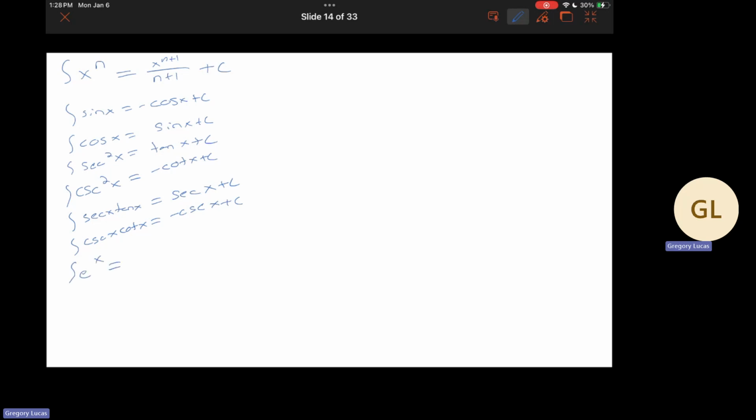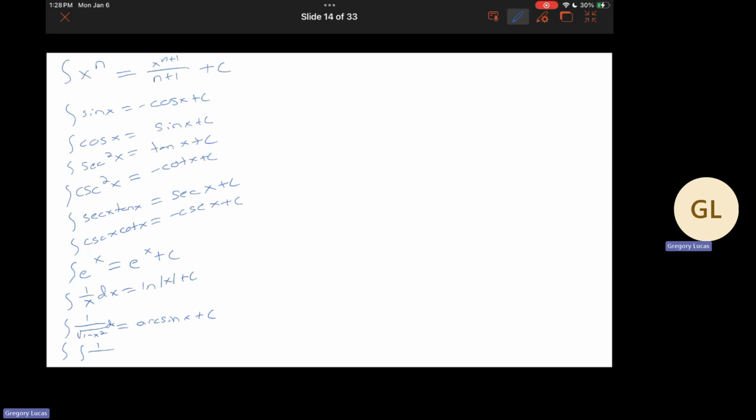Easiest one is e to the x. It's still e to the x plus c. If I have 1 over x dx, that goes to ln. If I have 1 over root 1 minus x squared, this would give me arc sine x plus c. We won't use these very much, but I'm going to give them to you. Can't forget the dx.